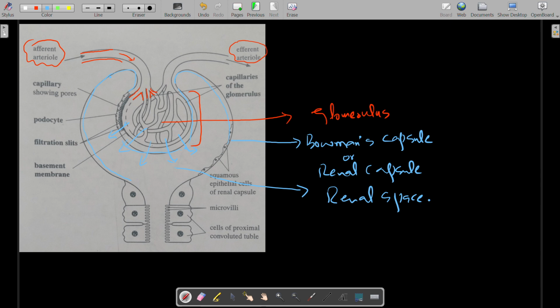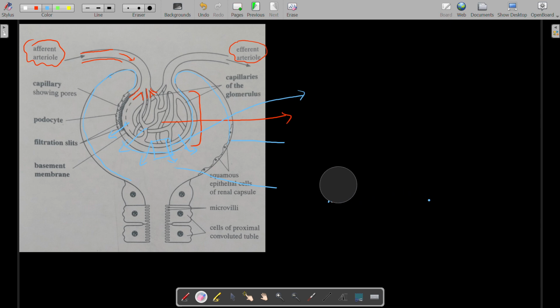So let's have a closer look here. Let me erase this to make space for this. Let's have a closer look at this.